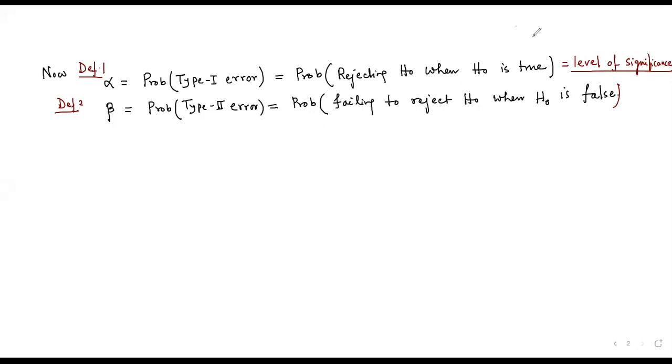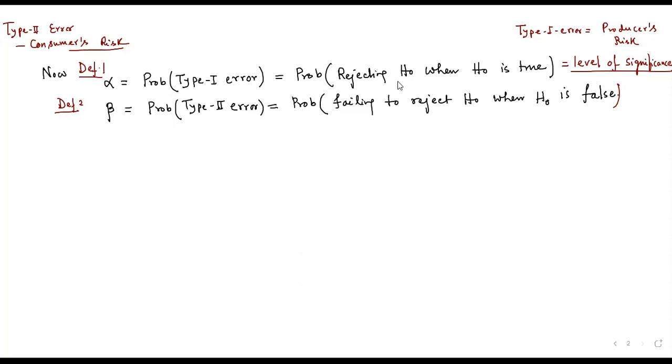Sometimes type 1 error is also called producer's risk, and type 2 error is called consumer's risk. From a management perspective, from a business perspective, producer's risk is far more grave than consumer's risk.